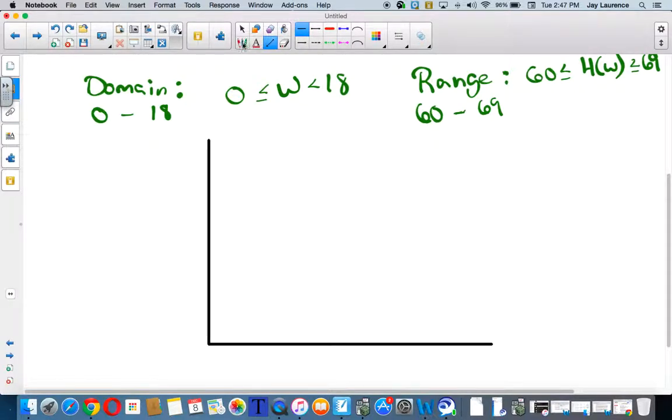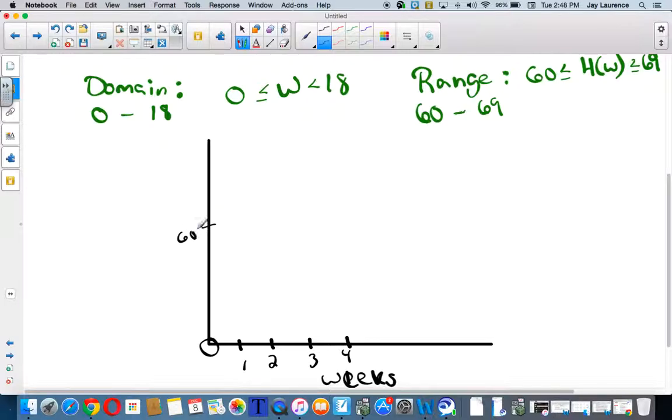All right, and so here, again, it's going to be 0, 0, and this is the weeks. And then we're going to have 1 week, 2 weeks, 3 weeks, 4 weeks, and that'll be enough for me to see what's going on. Okay, and I'm going to make 60 up here, and then I'll make 70 here, ballparking it.